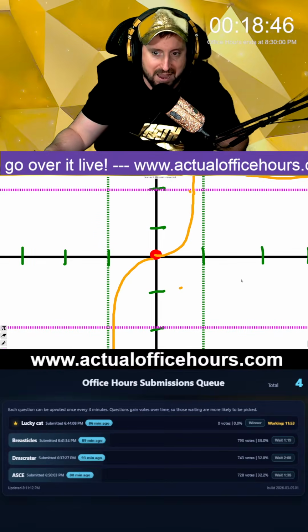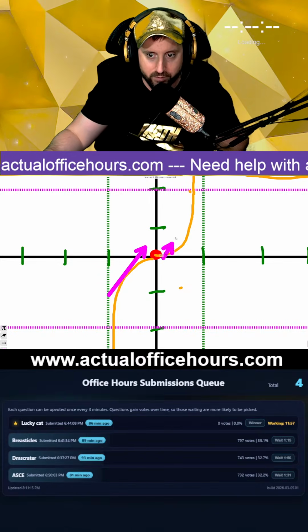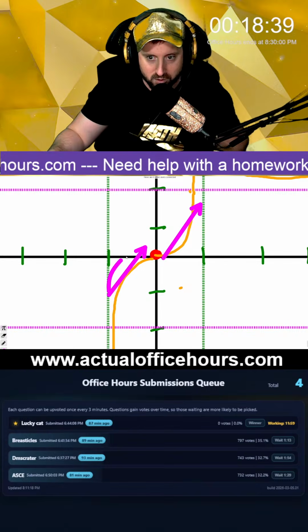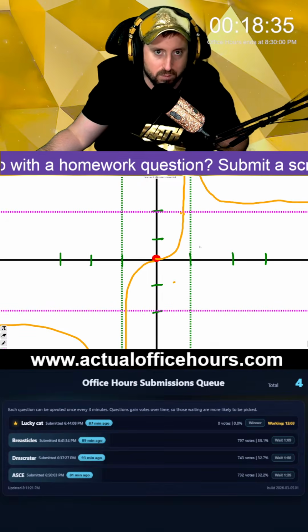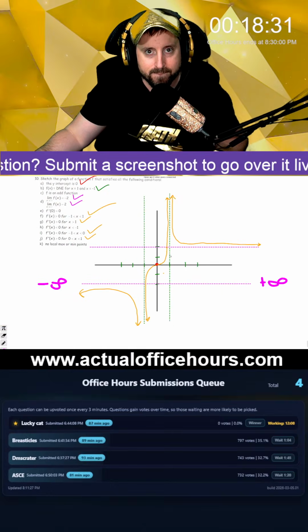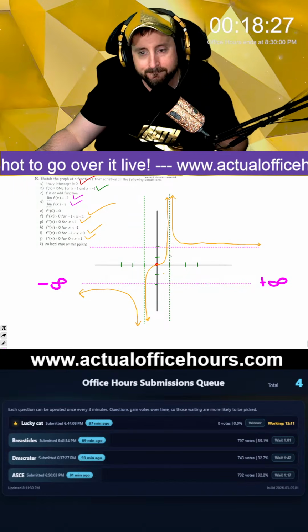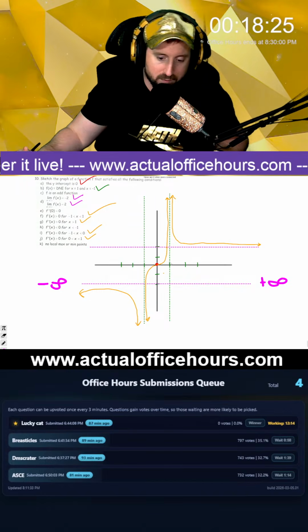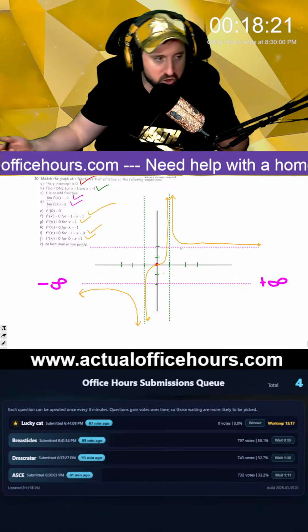So that would be a candidate for a local max or min, but the problem is that it goes from being positive to being positive. So that's called an inflection point, which is not a max or a min. It's kind of like in 2 dimensions, that's called a saddle. Maxes and mins only occur when the first derivative is 0 and then the first derivative is changing.